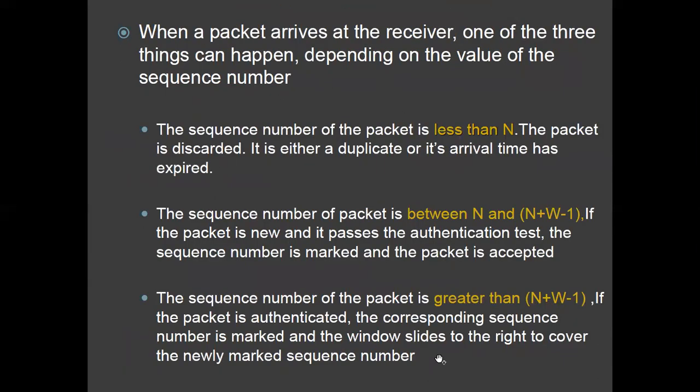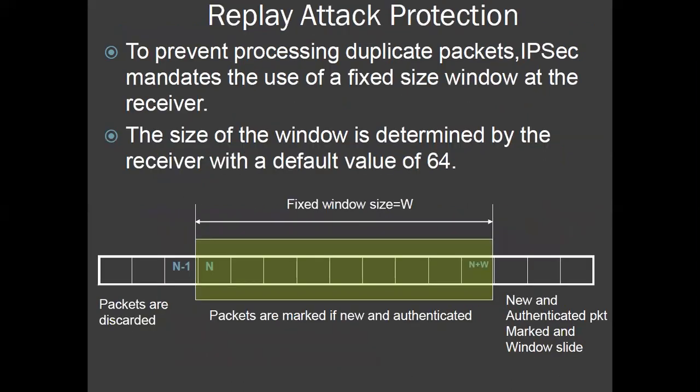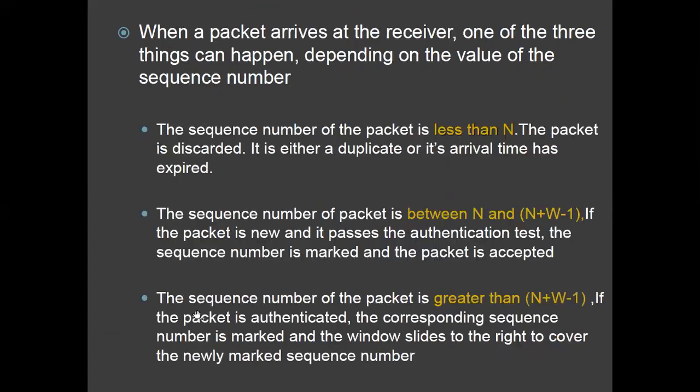First, when the sequence number of the packet is less than N, this puts the packet on the left side of the window, and in this case the packet is discarded. It is either a duplicate packet or its arrival time has expired. The second case is when the sequence number of the packet is between N and N plus W minus 1 inclusive.